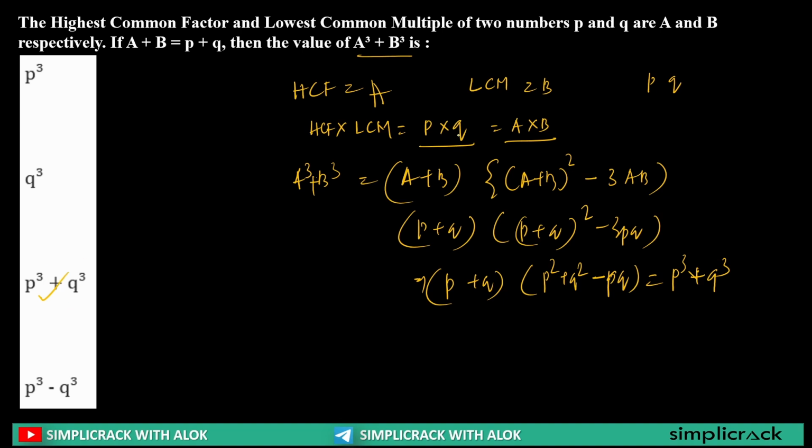Or you can directly guess, if PQ is equal to AB, either P is equal to A or Q is equal to A, or P is equal to B or Q is equal to B. So the answer will be the same.